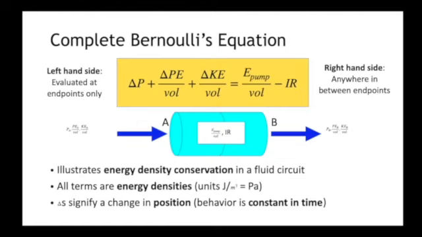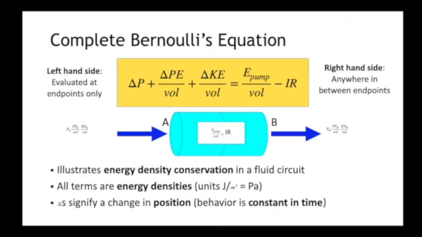And then beyond that, it's just solving problems where you have to first identify these important setups. What's my point A? What's my point B? Which of these terms differ? Like pressure, well, pressure you can't just read off unless you have some sort of pressure gauge. But does my potential energy change? Does my kinetic energy change between these 2 points?